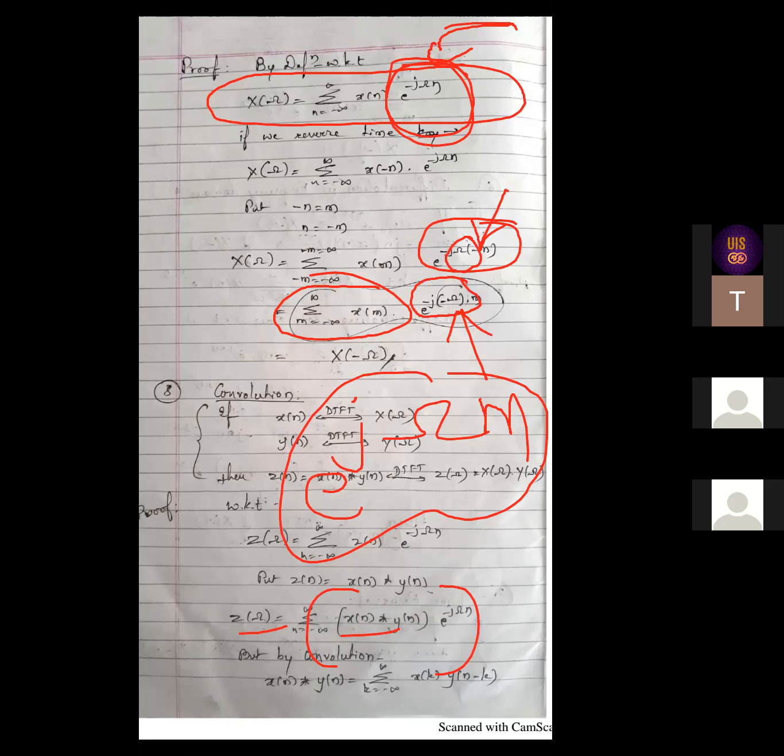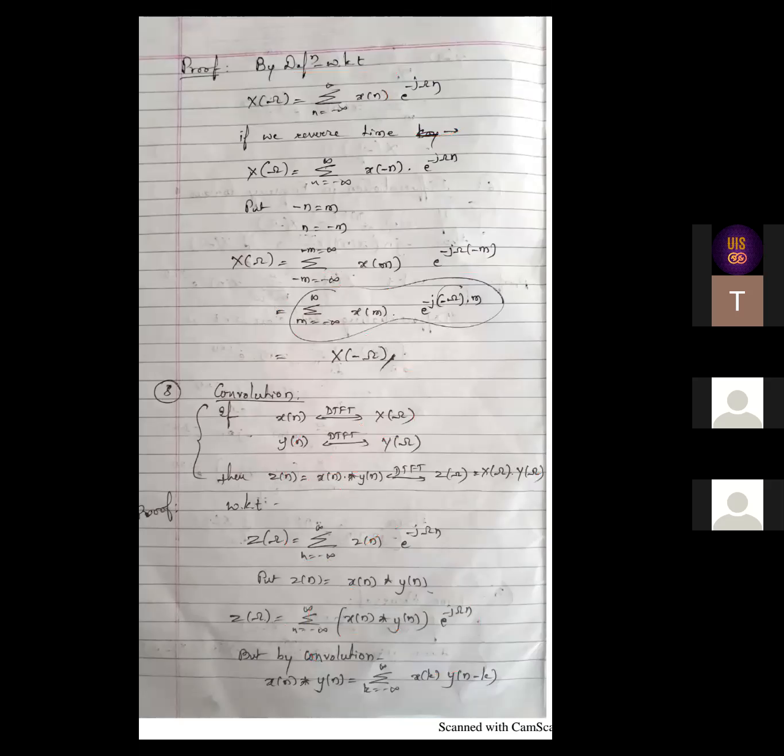I am just presenting it in this way, minus of minus. Okay. So ultimately, if your exponential power is omega, your Fourier transform is x of omega. Now your omega is replaced with minus omega. So your Fourier transform will be for minus omega.